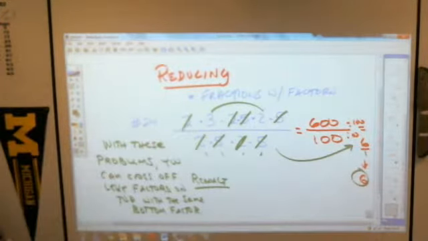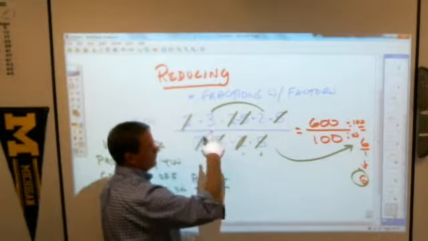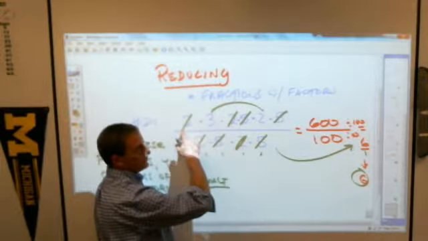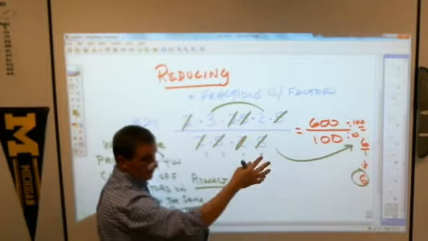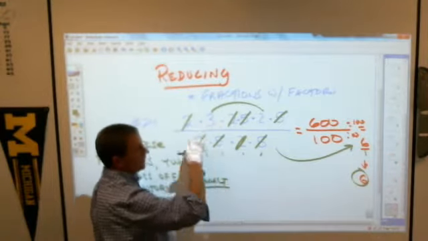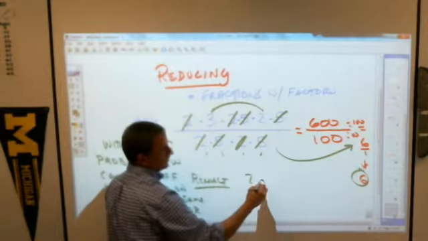Now, you might ask, why does that work? Well, let's look at it. I'm going to rewrite this, except I'm going to write it in, because of the commutative property of multiplication, you can write numbers in any order. Actually, it's the associative property, too. Instead of writing it like this, I'm going to put my 3 2's together.